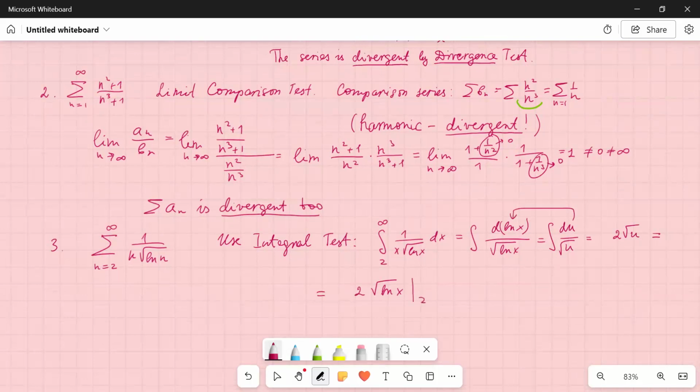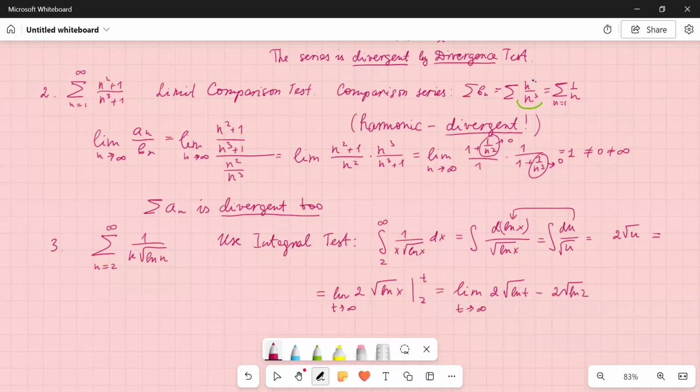My limits are from 2 to infinity. Actually, I'm not supposed to write down infinity. I'm supposed to write down t, with the limit as t approaches infinity. Improper integral, right? So I have the limit of 2 square root of ln of t minus 2 square root of ln of 2.